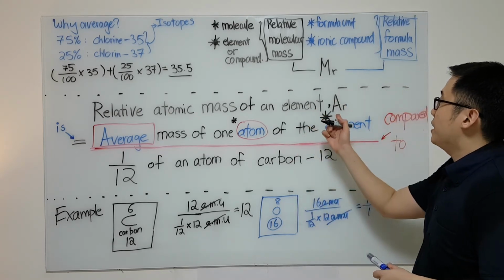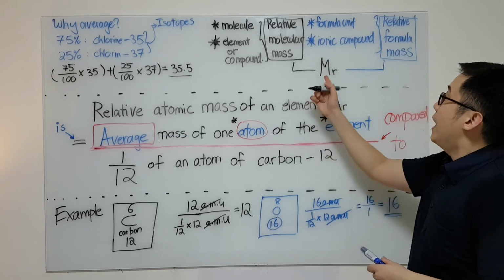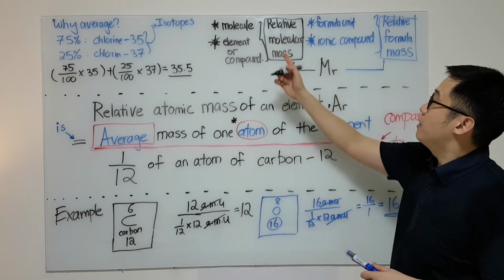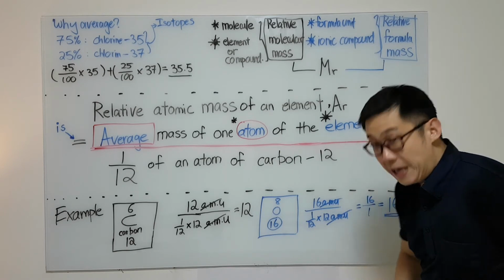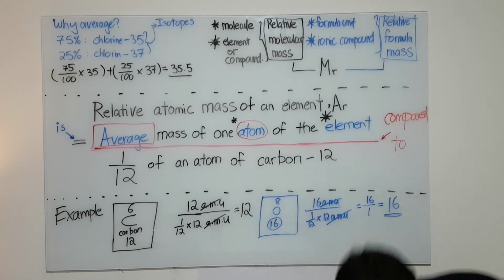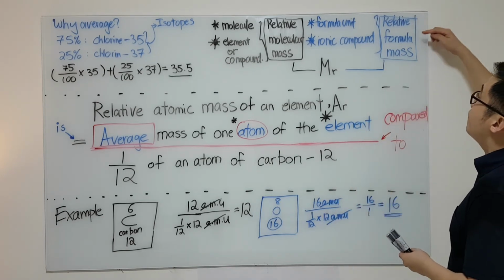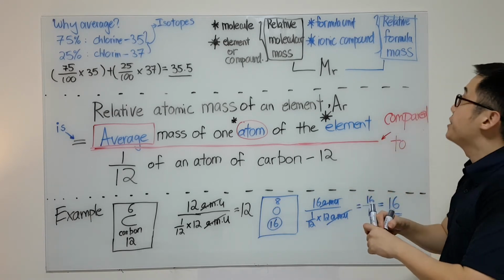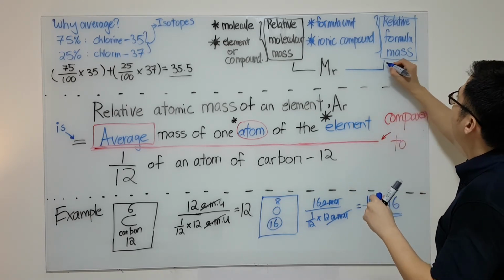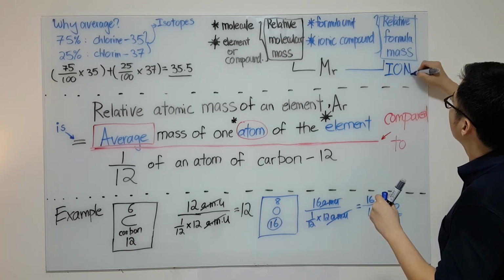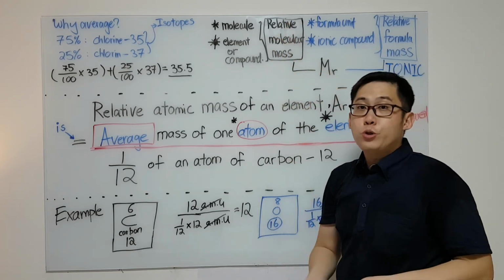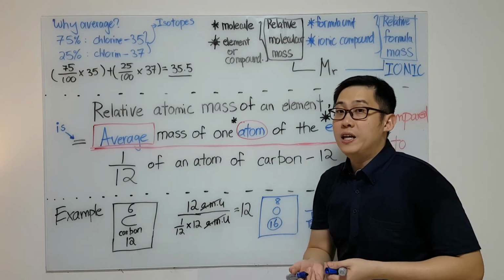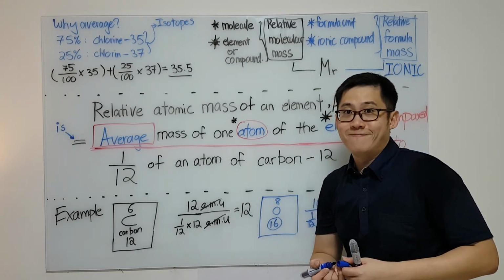A stands for atomic, M stands for molecular mass or relative formula mass. Relative formula mass applies to your ionic compounds, whereas the relative molecular mass usually applies to your covalent molecular structures.